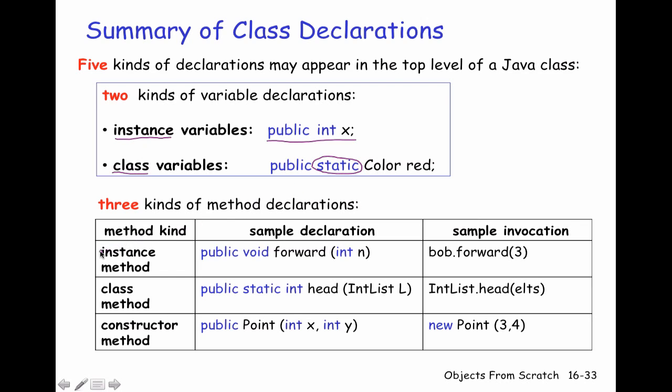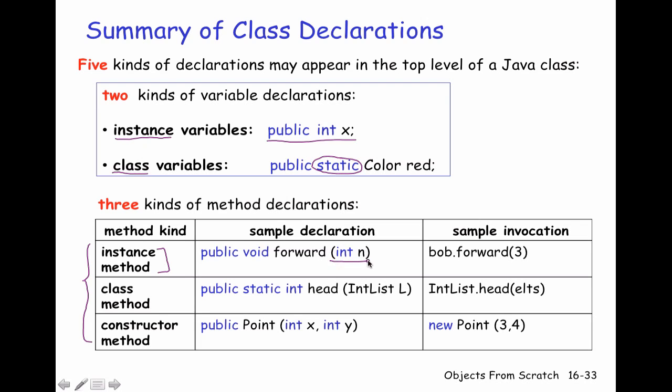There are three kinds of method declarations that we can have inside of a class. You're very familiar with instance methods. So these are methods, and we know things are methods because they have parentheses. Variable declarations do not have parentheses, but method declarations do.